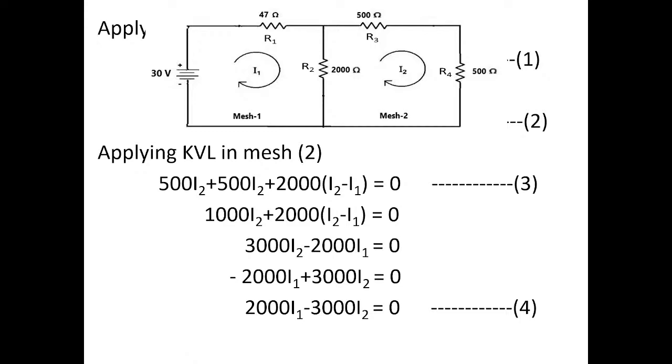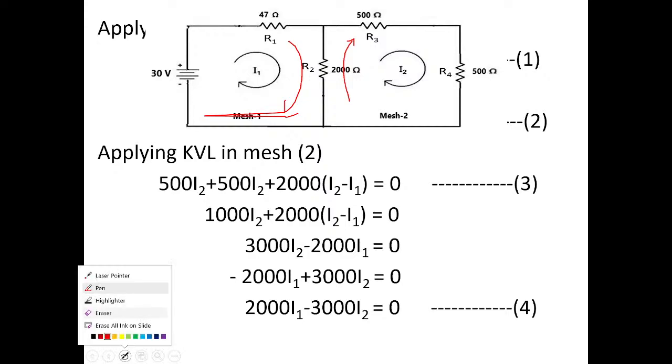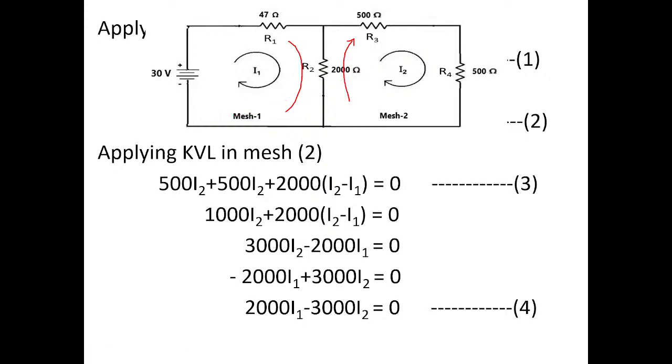Similarly here also, if you observe, current direction I2 is upward, and in this loop current direction I1 is downward. So one is upward, another one is downward.